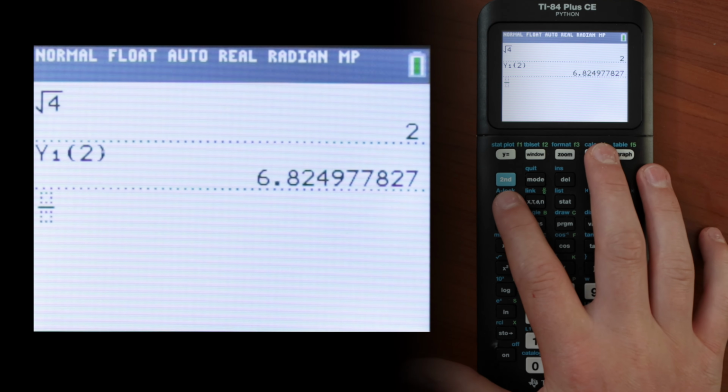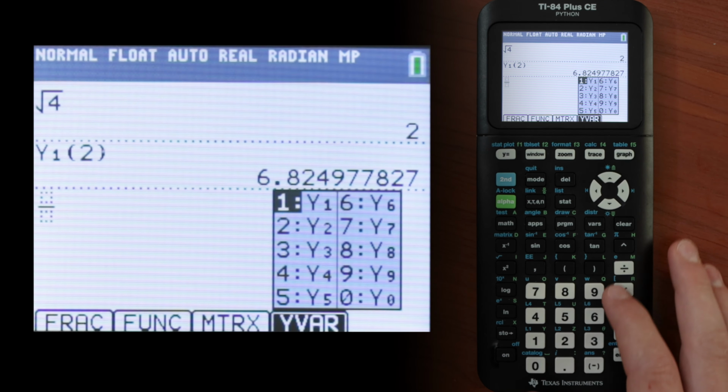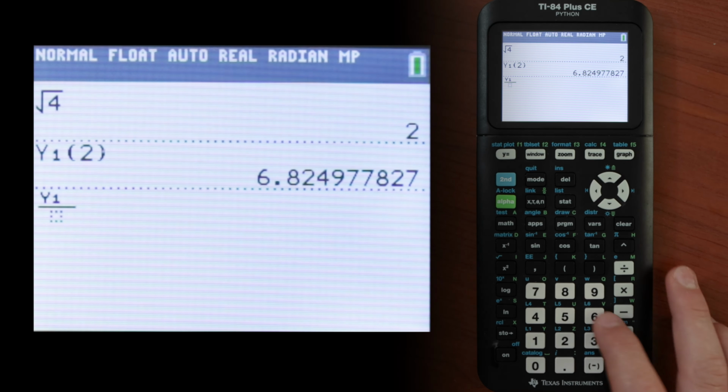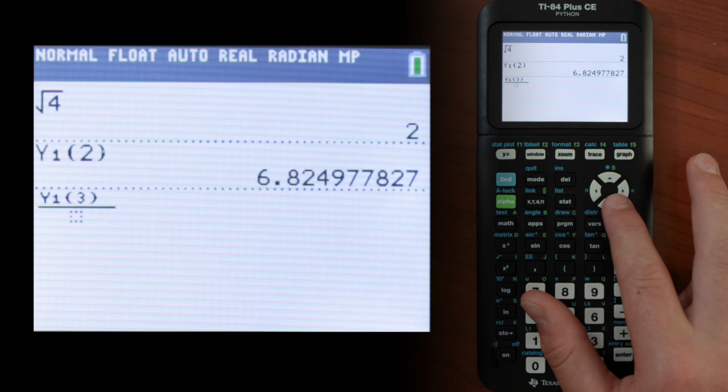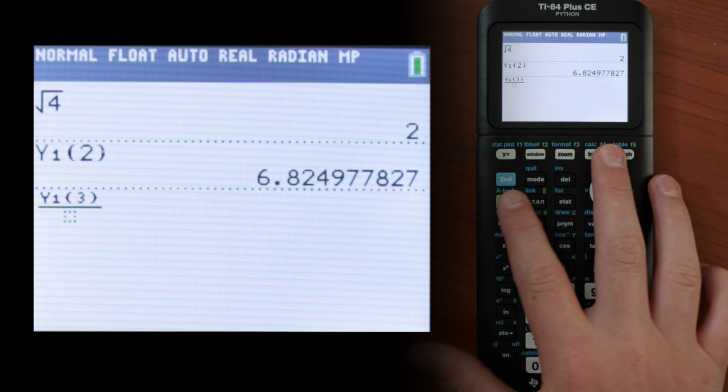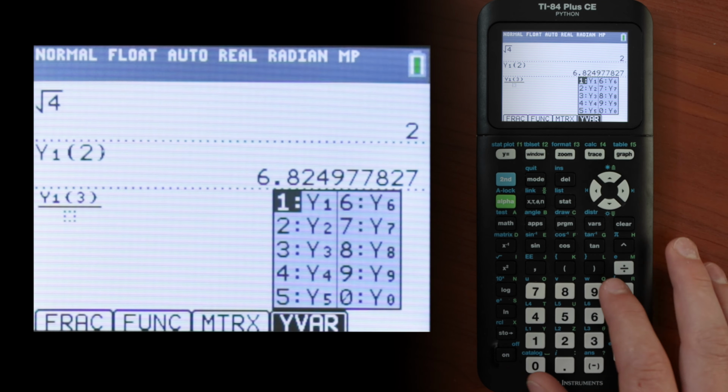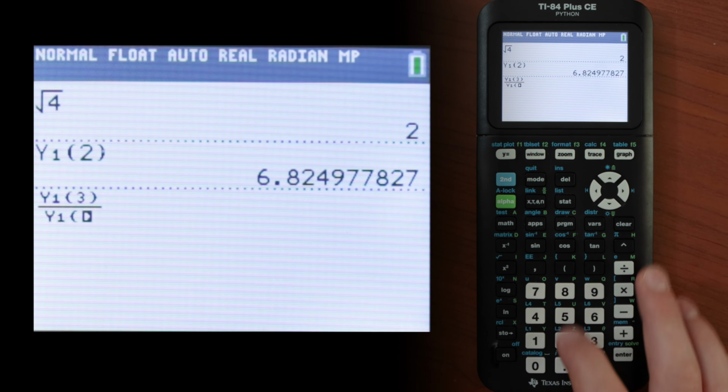And now I can use that alpha, trace, y1 of 3, and then alpha, trace, y1 of 2.